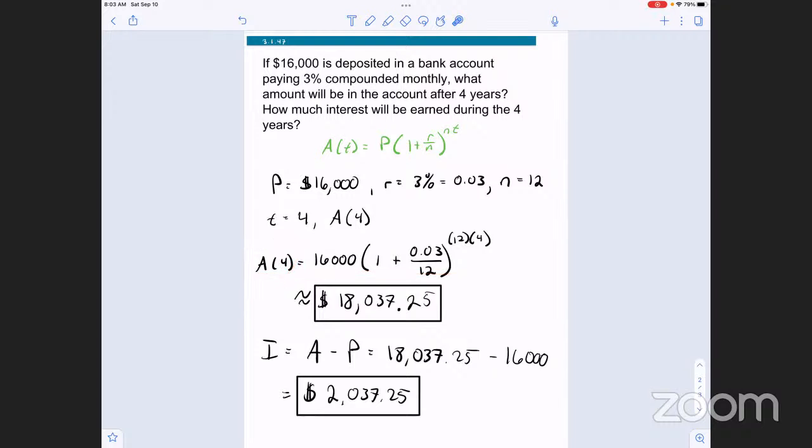Every time we have an unknown, we need an equation. Again, we only had one unknown, so we only needed one equation. From there, it was really just having everything in the proper form. Remember, rate has to be expressed as a decimal, and the time is in years. Then from there it was in the calculator, and this is what we got. For the interest earned, it was the future amount minus the starting amount. Hopefully that makes sense.